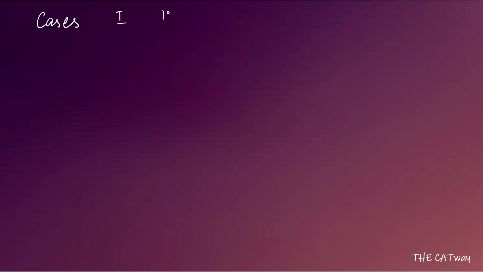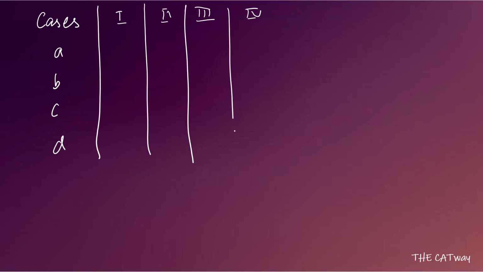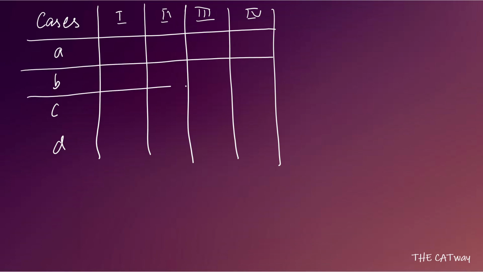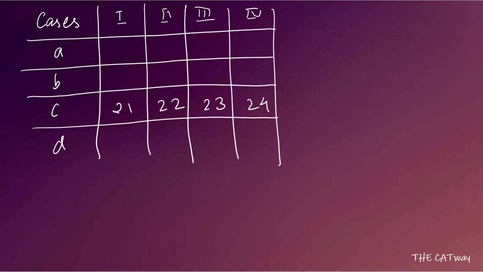Case 1, case 2, case 3 and case 4, with columns A, B, C and D. Now we can write our values of C: 21, 22, 23 and 24. We know that C plus D is equal to 40. So when C is 21, D will be 19. For 22, D will be 18. For 23, D will be 17. And for 24, D will be 16.